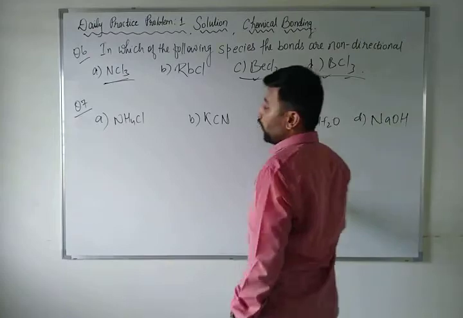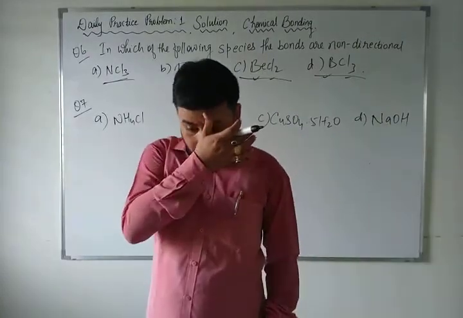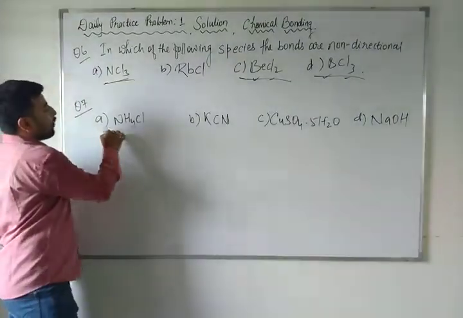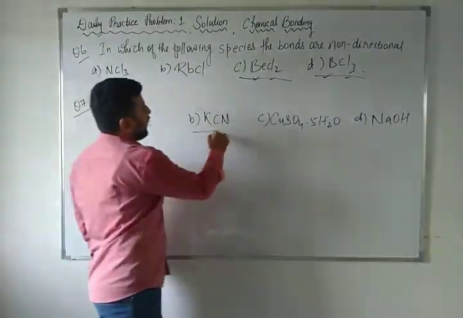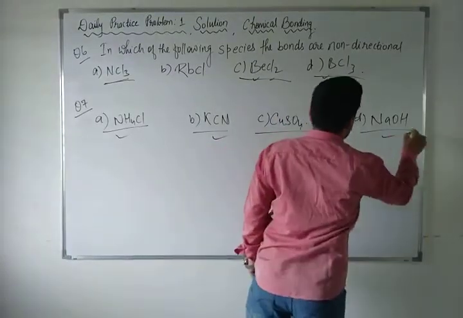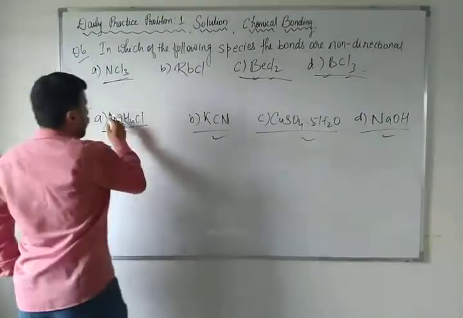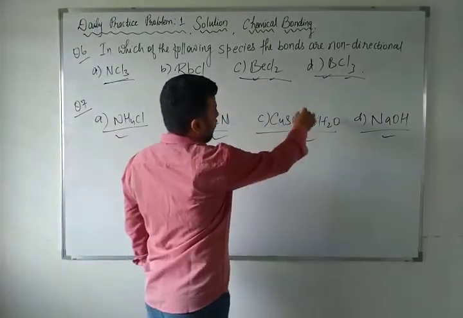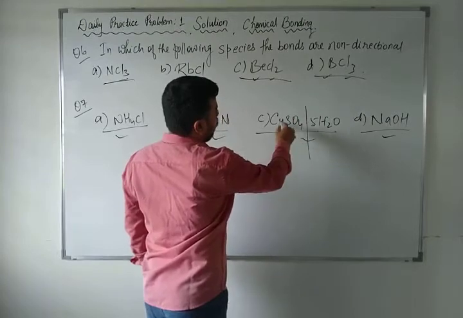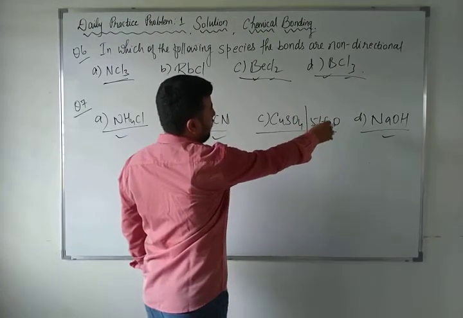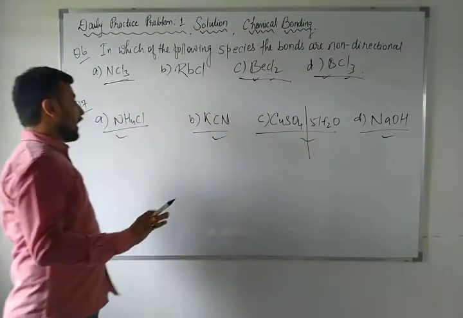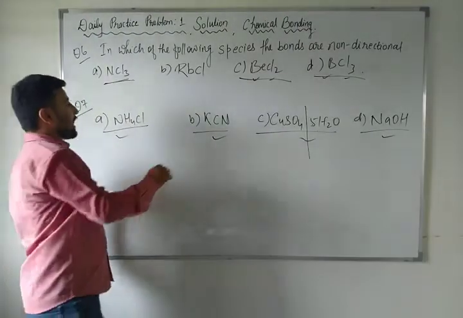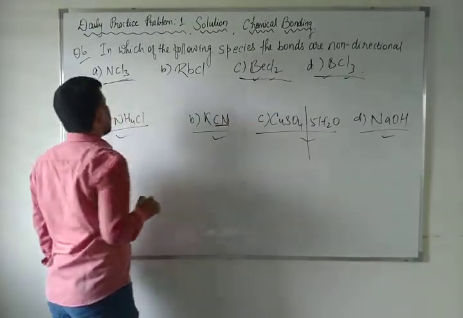The question is which of the following compounds has both ionic and covalent bonds. Ionic bond in all of them. You know very well: NH4+ Cl-, K+ CN-, CuSO4 will break into two parts, Cu2+ and SO4 2- with 5H2O, and Na+ and OH-. These are ionic compounds. Now the covalent character also: as I have told you, the cyanide has covalent character.